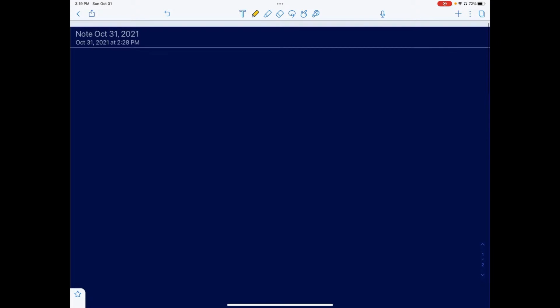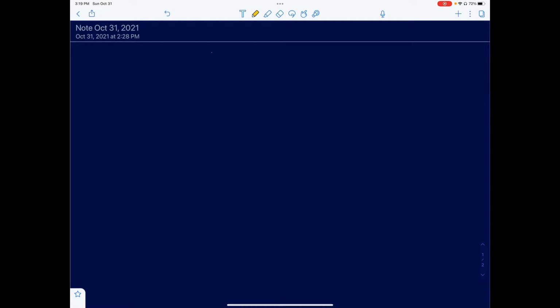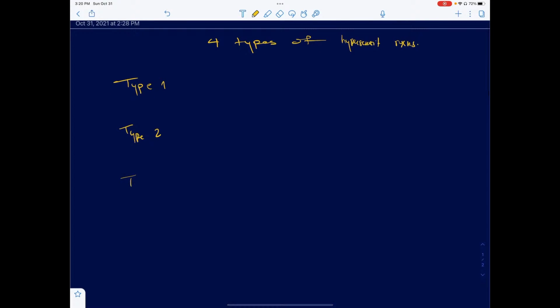So basically, we have 4 of these reactions. First one is type 1, type 2, type 3, and type 4 hypersensitivity.